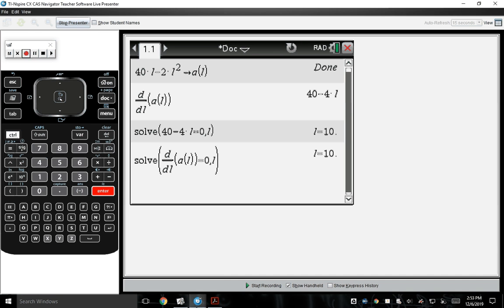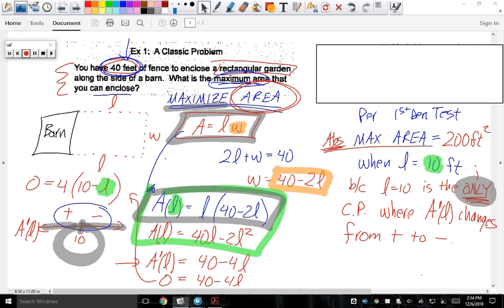Okay, so now what I'm going to do is I'm going to test to the left of 10 and I'm going to test to the right of 10. You need to learn this stuff, otherwise you may not finish the test because of time. Okay, here we go. So again, I'm going to test the signs of this interval, which I showed by hand right here and right here with the calculator. Here we go.